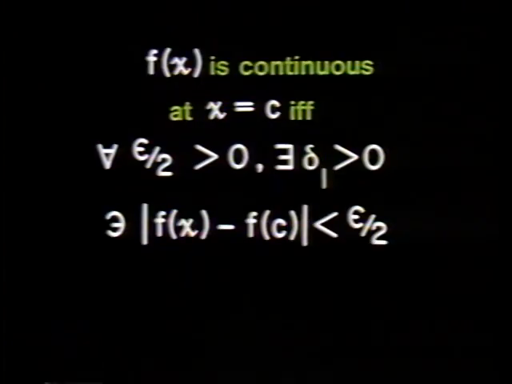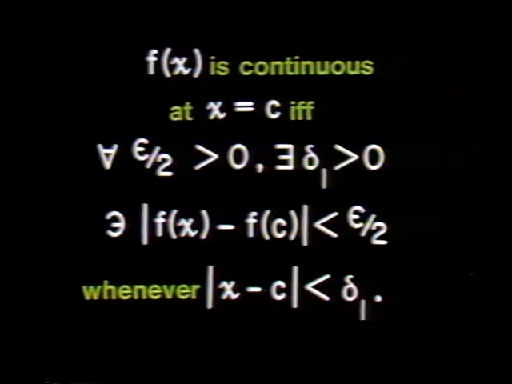Hence, f at x is continuous at x equals c if and only if, for all positive epsilon, and here we choose epsilon to be 1/2 the value of the epsilon given above, epsilon divided by 2 greater than 0, there exists a delta sub 1 greater than 0, that is positive, such that the absolute value of f at x minus f at c is less than epsilon divided by 2 whenever the absolute value of x minus c is less than delta sub 1.